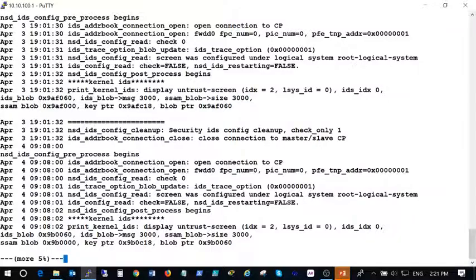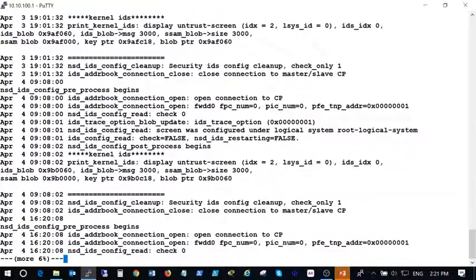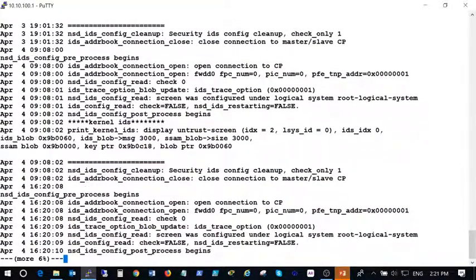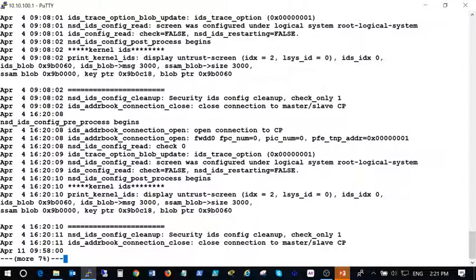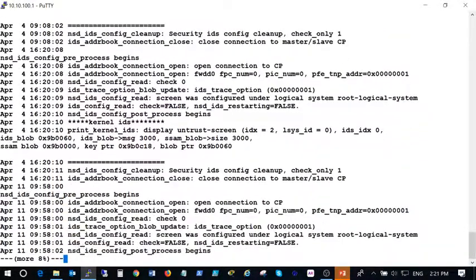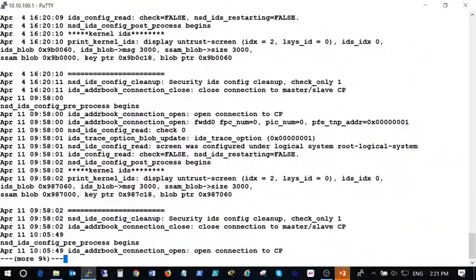Probably a bit too much going on, to be honest, to have a good look at, but absolutely everything is being recorded in this particular log file.